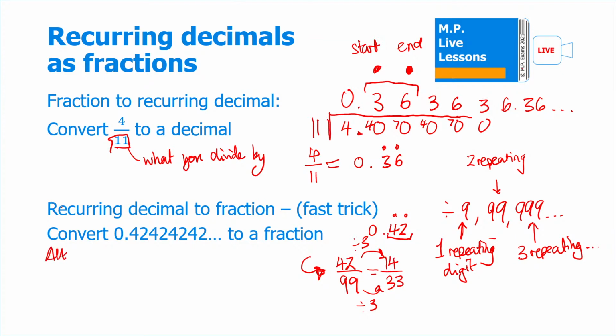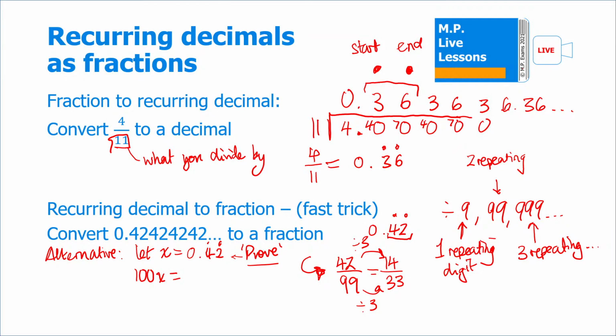The alternative method is the algebra version. So let x be the recurring decimal. You can only use this method if it says prove. What you first do is multiply x by a power of 10 to get one chunk of the repeating unit to the left of the decimal point. In this case, you would multiply by 100, so you'd shift the decimal point 2 places to the right.